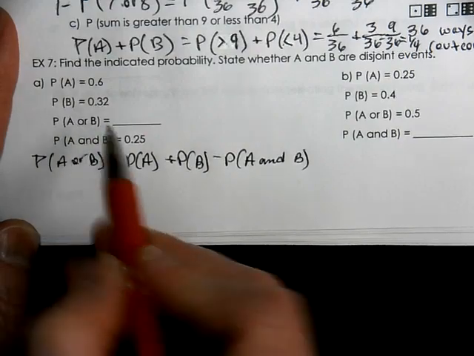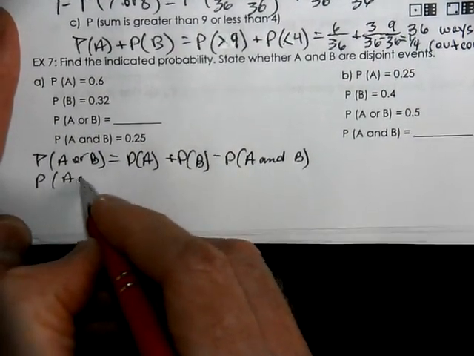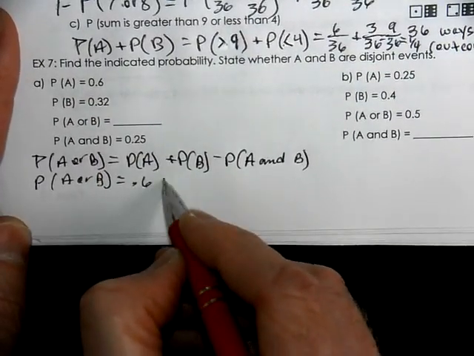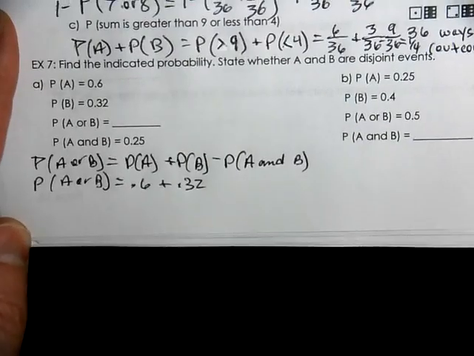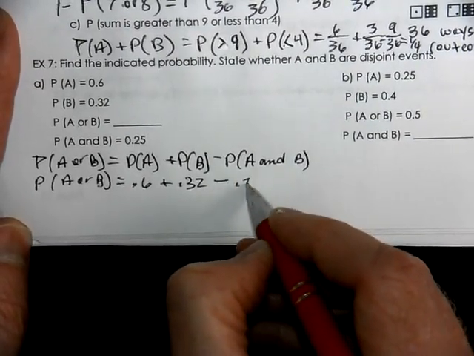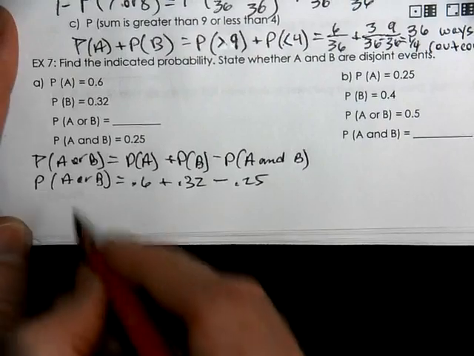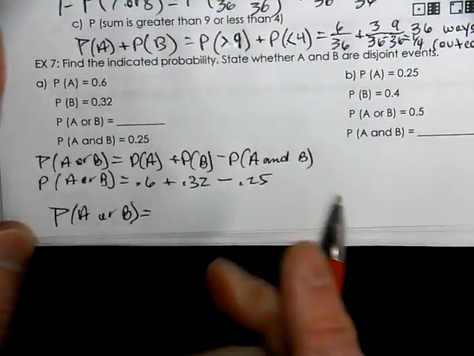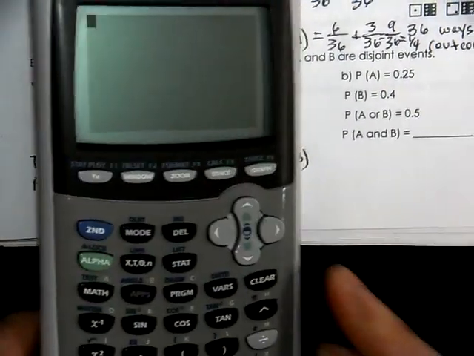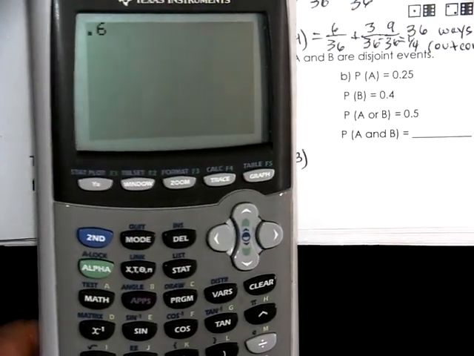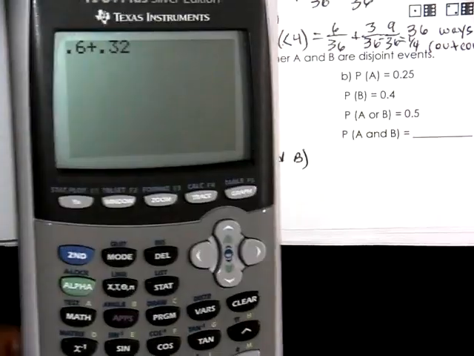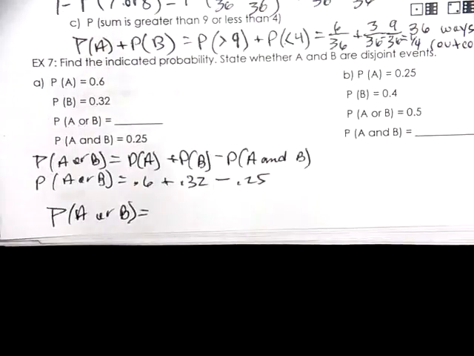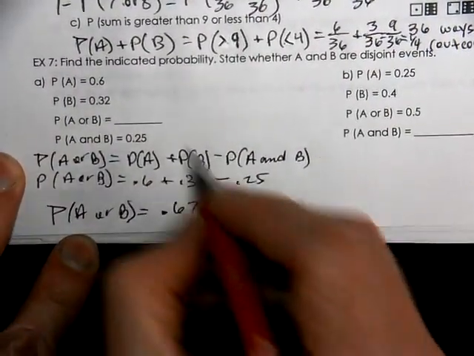The OR is what we're solving for. 0.6 is your A, 0.32 is your B, and minus 0.25 would be your overlap. So the probability of A or B is going to be 0.6 plus 0.32 minus 0.25. And that gives us 0.67.